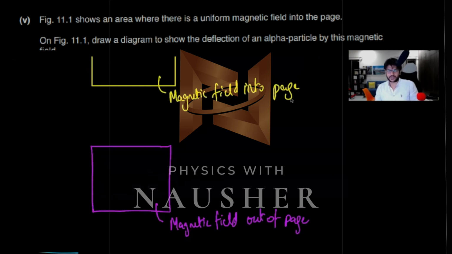Magnetic field is out of the page. और मैं आपसे कहता हूं that I have a positively charged particle which is coming in from this side. Solve करें जी, बताएं where will this turn? शाबाश.